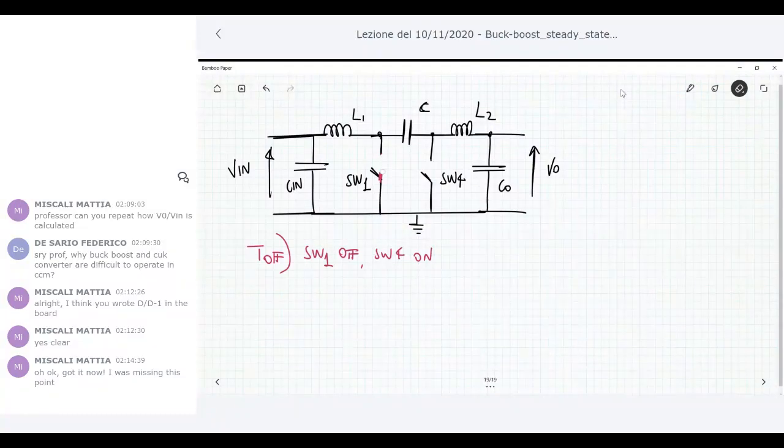In that situation, this switch is closed, and this other one is open. What happens in that specific situation? We are charging this capacitor, and the right terminal of this capacitor is connected to ground. We have the charging phase.